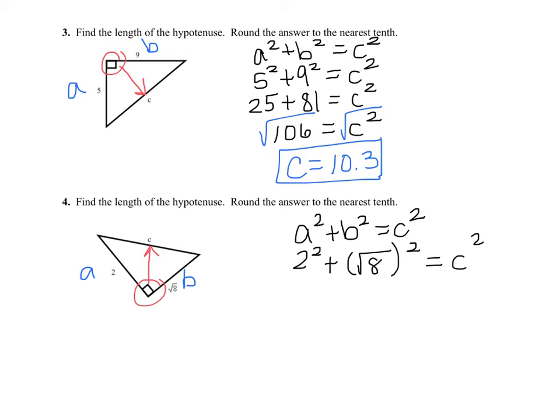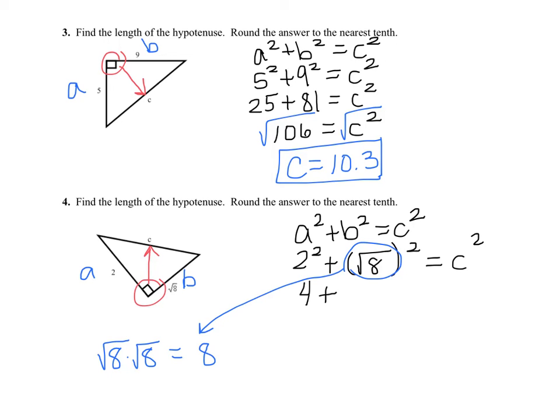All right, so next is 2 squared. 2 squared equals 4 plus, now we have the square root of 8 squared. Whenever you have a square root times the square root of the same number, all it does is eliminate the square root sign. So the square root of 8 times the square root of 8 equals 8.